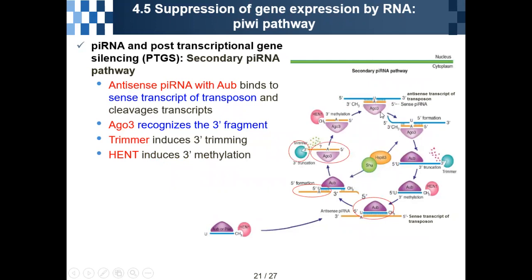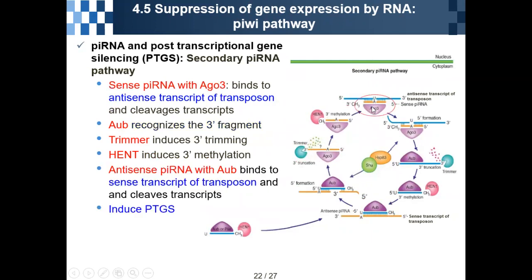After that, the final step is this one. This is the sense piRNA with AGO3, which can bind to the antisense transcript of the transposon. At that point they will make the fragment and cleave the transcript.